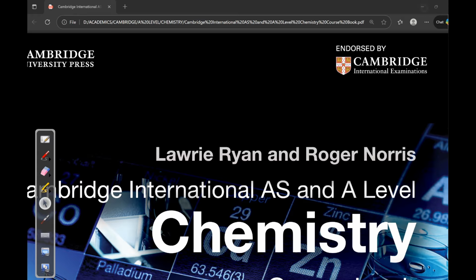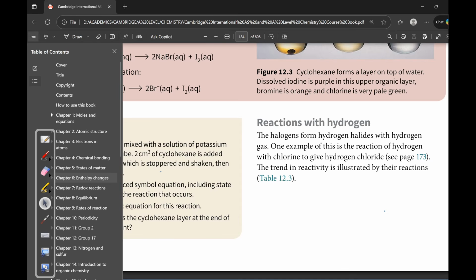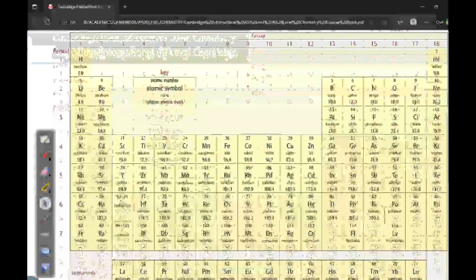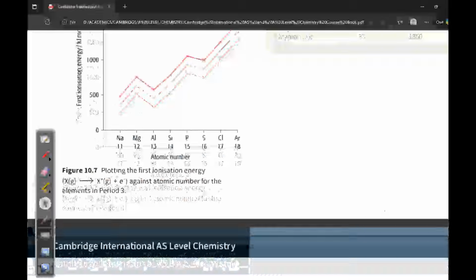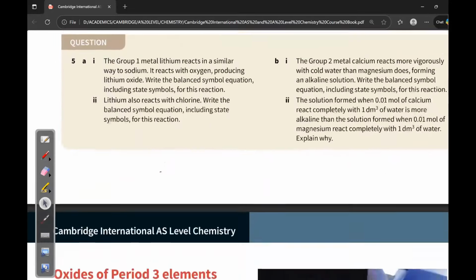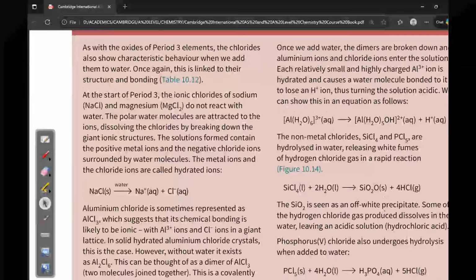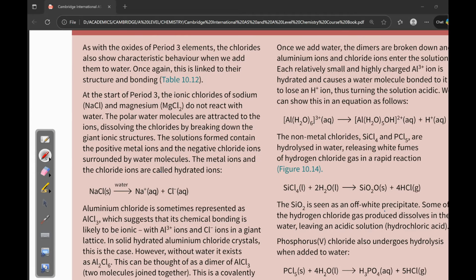Actually, let me show you from the book. When you check, not group 17, pardon me, it is periodicity, which is chapter 10 here. In periodicity, we look at the chlorides of period 3 elements. When it comes to sodium and magnesium, the ionic chlorides do not react with water.